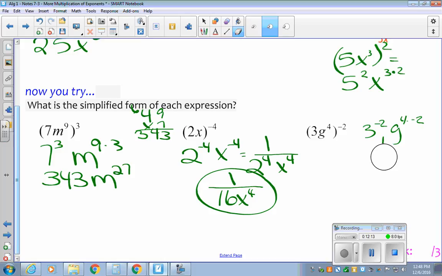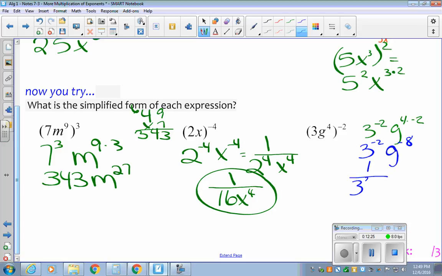So it's 3 to the negative 2 and g to the negative 8. I'm going to move all those down to the bottom so they can be positive. And 3 squared is 9, so we're going to write 9g to the 8 in the denominator.